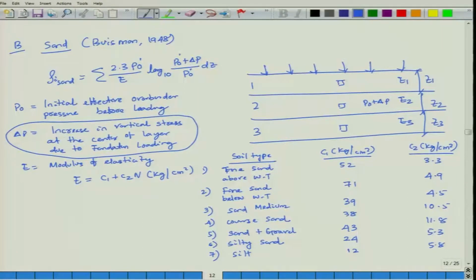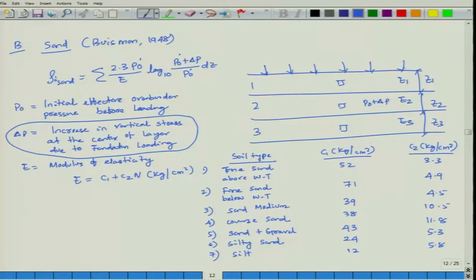So, this is one case, these are empirical in nature, immediate settlement they have proposed. So, it is your Buisman 1948, he has given immediate settlement for sand, it is a summation of layer by layer 2.3 P0 prime E log 10 of P0 prime plus delta P by P0 prime into dz.